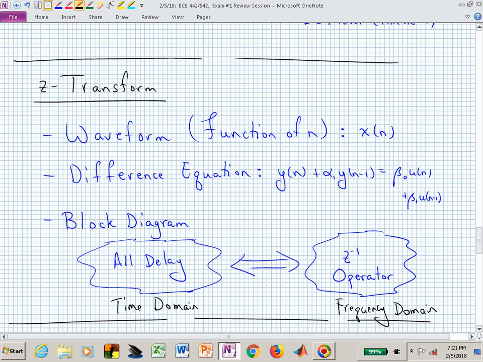And that's pretty easy. You simply have to erase either the delays or the Z's and replace them with the corresponding. If it's a delay, you just replace all of those delays with Z to the minus 1s.